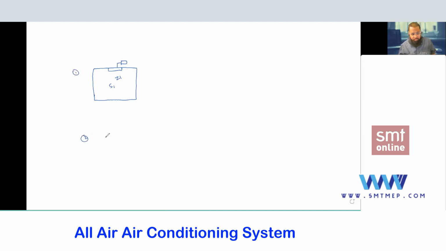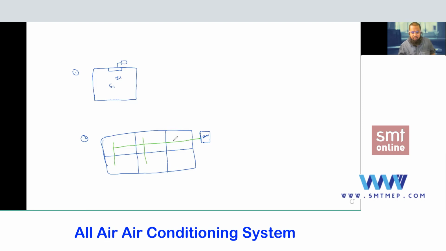Second case, for example, say multiple spaces. To all the spaces, I am going to supply the air with this AHU. And I'm connecting the duct. Through the duct, air is going to supply through the diffusers.